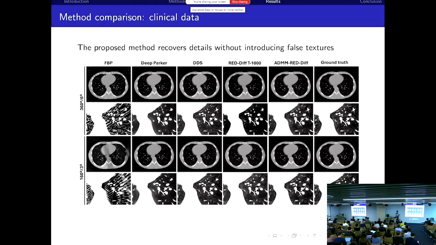While with RedDiff, both the original implementation and the ADMM solution, we observe that it's capable of recovering structures without introducing these sort of false positives within the reconstructed images.